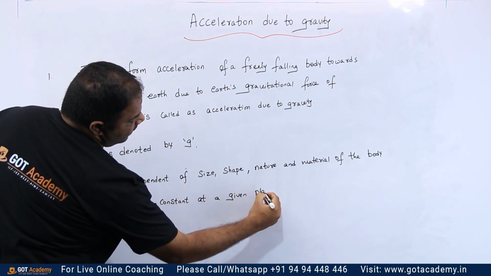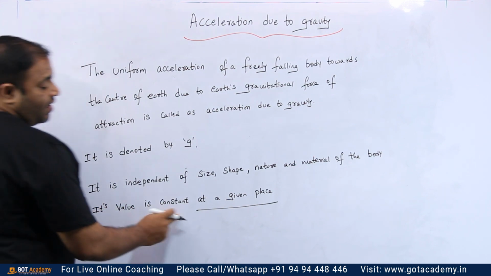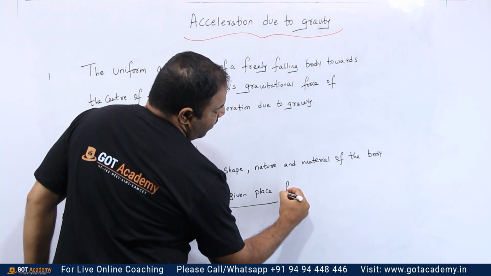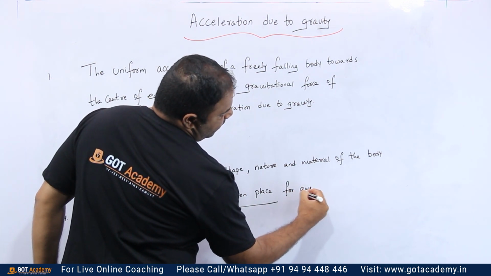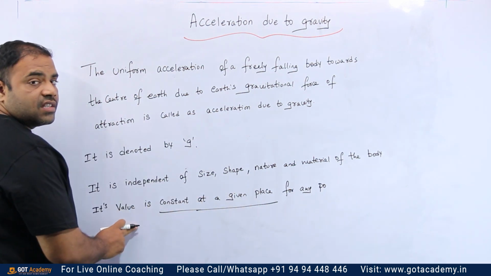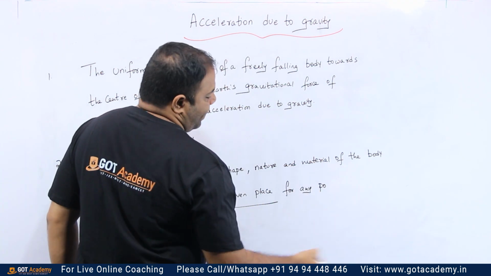I am saying at a given place means the place is not changed. Its value is constant at a given place for any body. It means that if the place is constant, automatically this value is constant. If I am changing the place, then what happens?